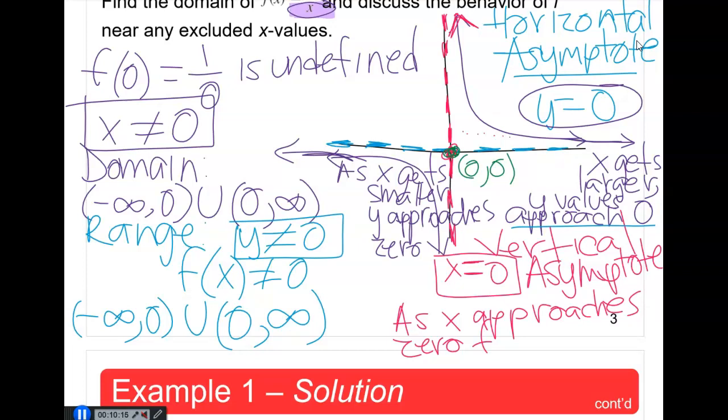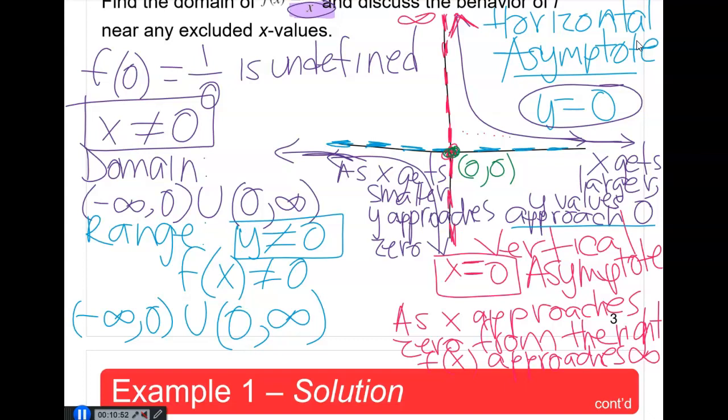So that's what we say, as x approaches 0 from the right side of the y-axis, or from the right side of the vertical line, f of x, or the y value, approaches infinity, or positive infinity.